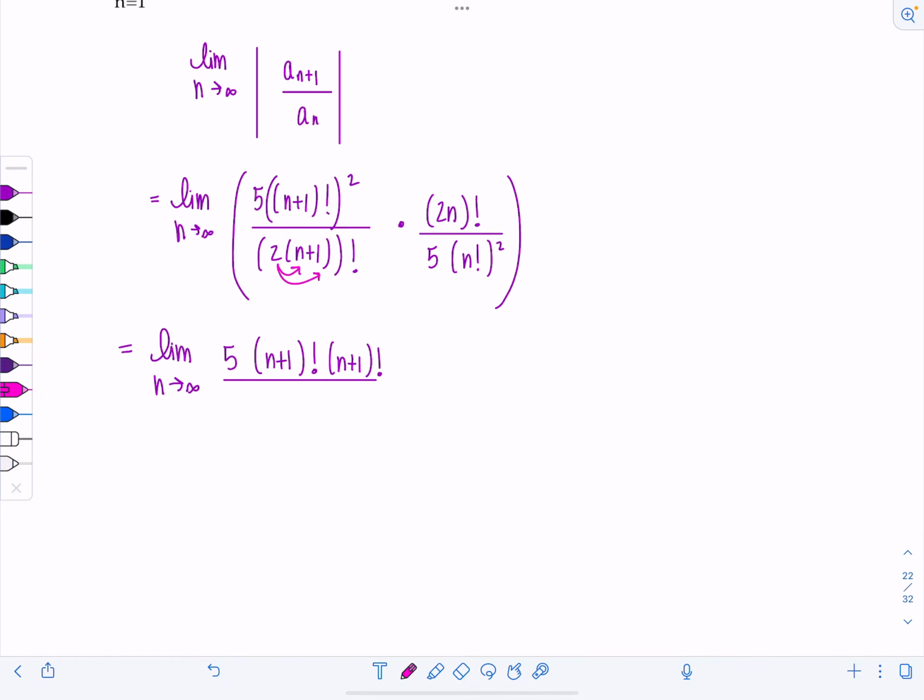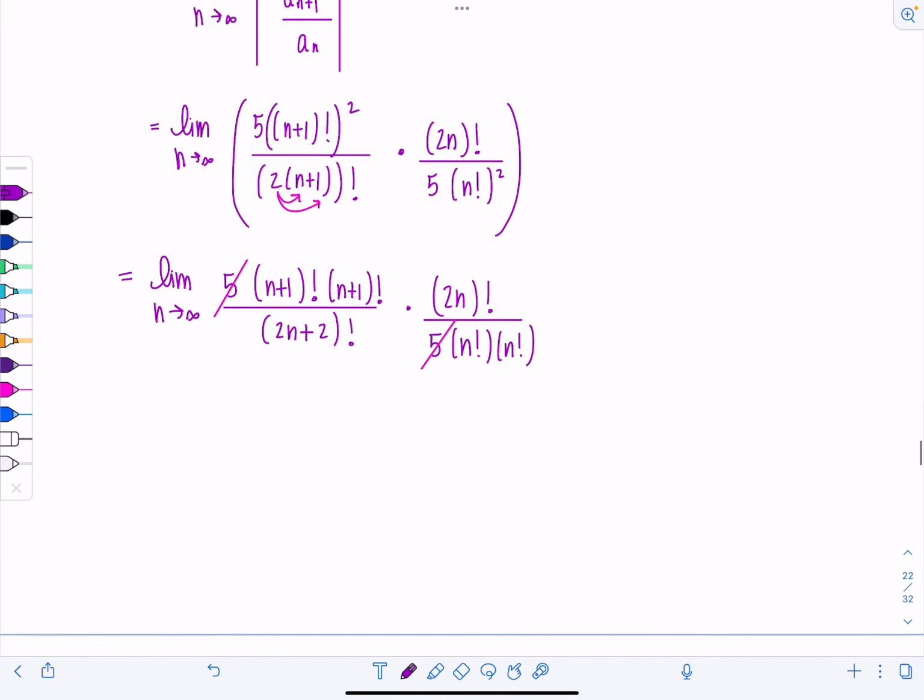That 2 distributes, so this is actually (2n plus 2) factorial down here, and then (2n) factorial up here. And then 5. And then I'm going to, again, separate the (n factorial) squared into n factorial times n factorial. Right off the bat, I can see these 5s are going to cancel. And then you got to know how to break down the factorials to help them cancel as well.